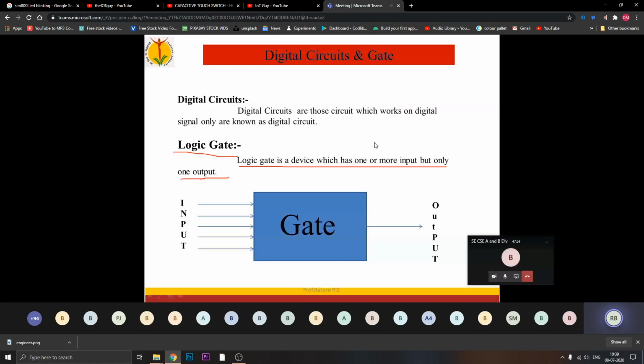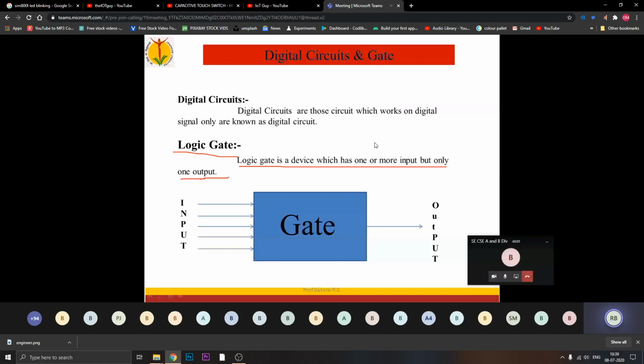So what is meant by logic gate? A logic gate is a device which has one or more inputs but only one output. Some also define a logic gate as an electronic circuit which operates with some set of rules.